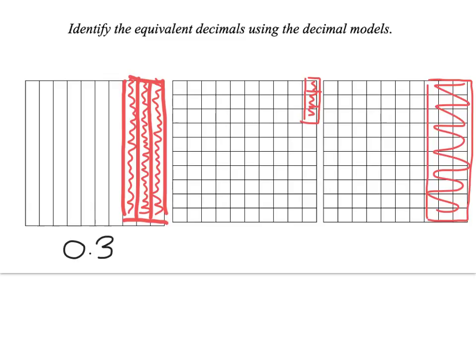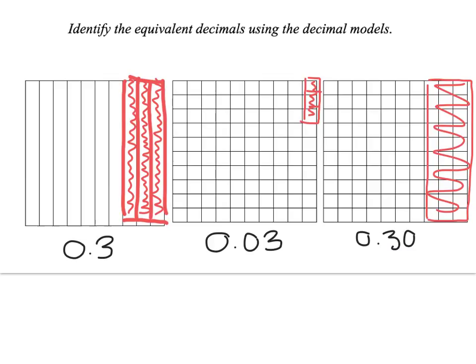This second figure has 3/100ths shaded. And our final figure over here is also in hundredths, and it has 30 of those boxes highlighted.